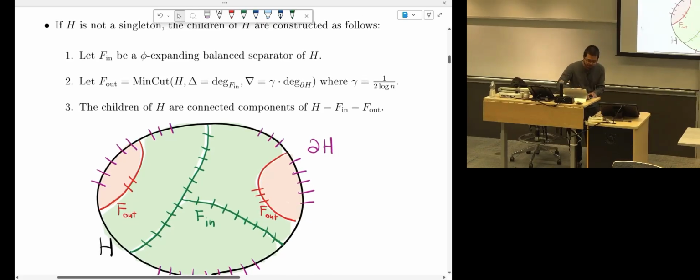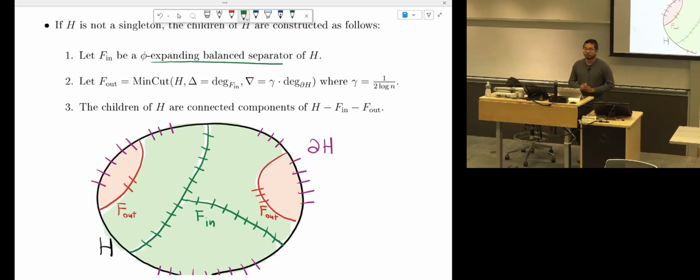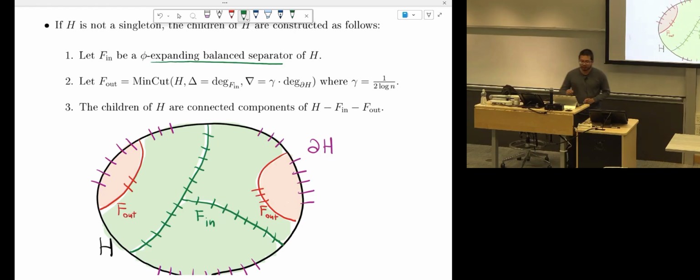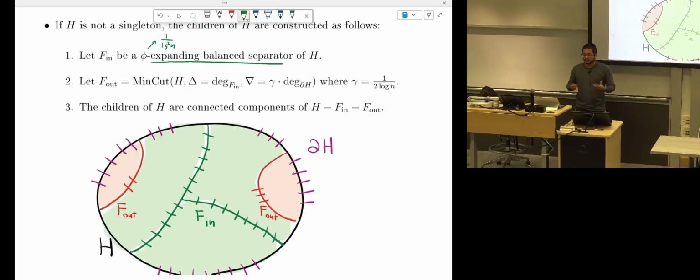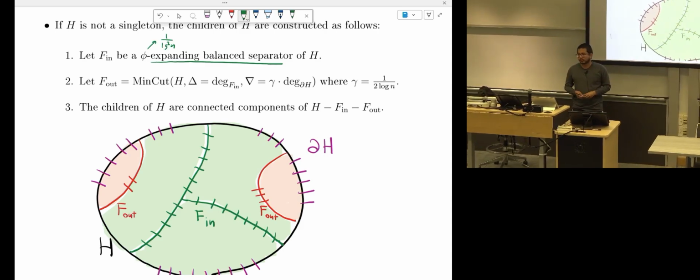So first, let's say that this is H. The first thing that I'm going to do is compute an expanding balanced separator, and maybe think of phi here as 1 over log squared. We know how to get the expanding balanced separator fast now, right?